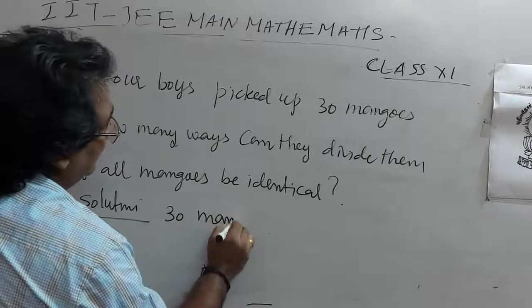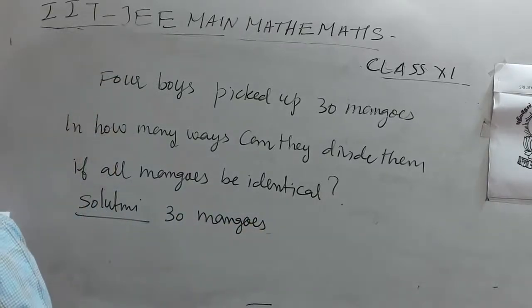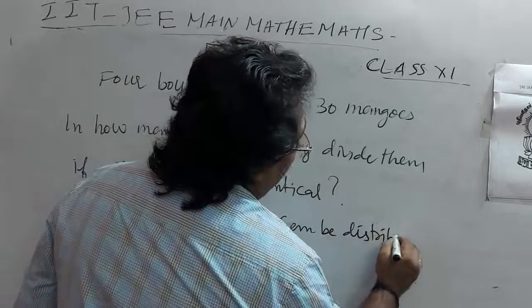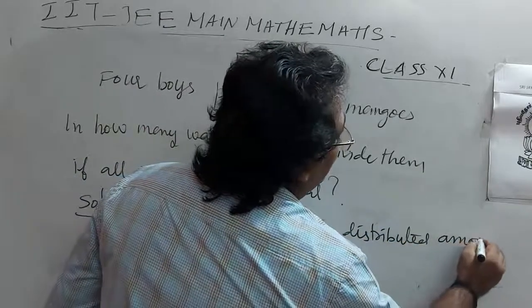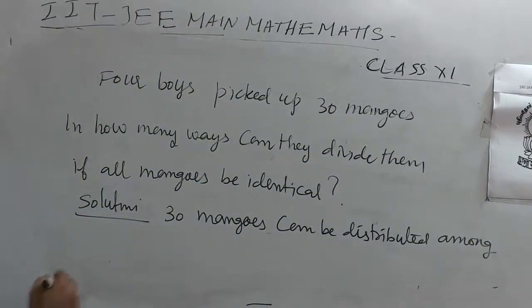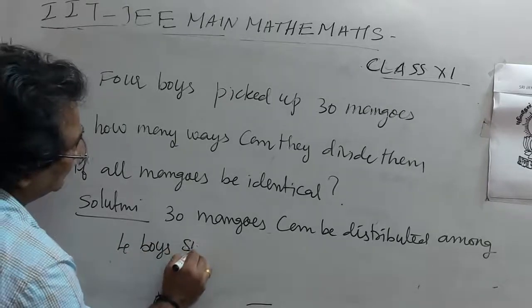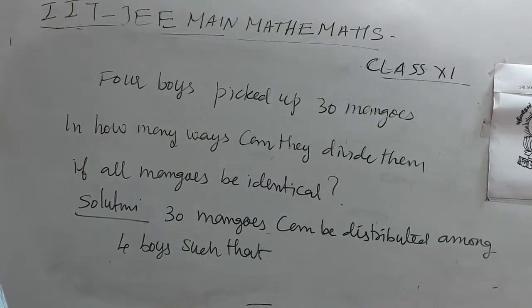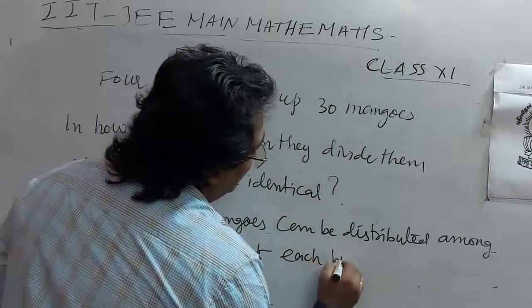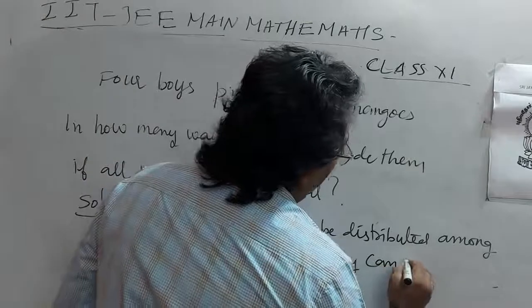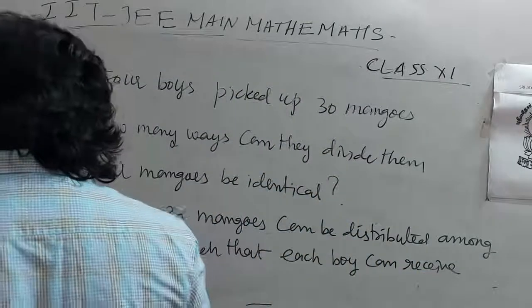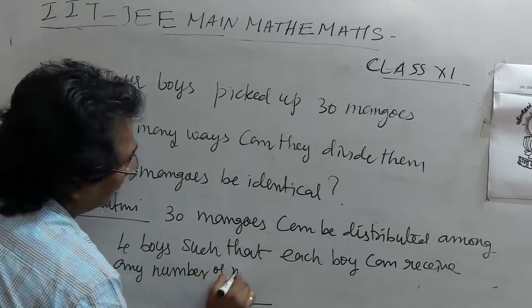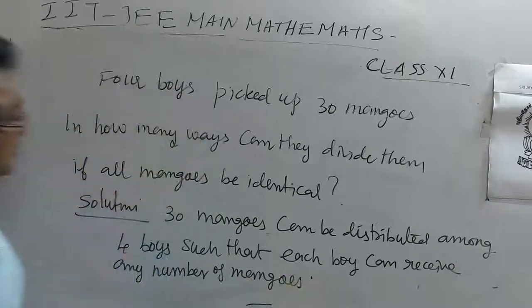Thirty mangoes can be distributed among four boys such that each boy can receive any number of mangoes.